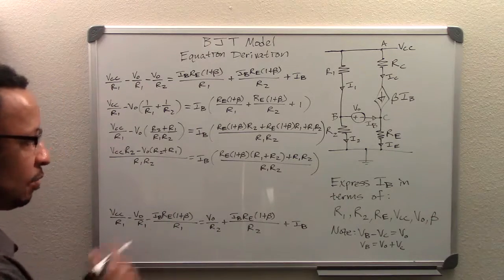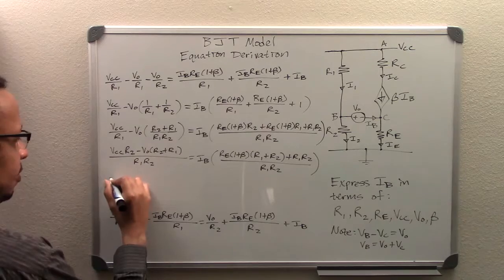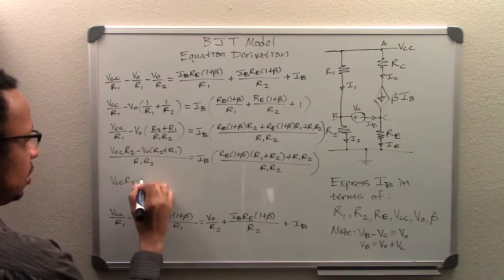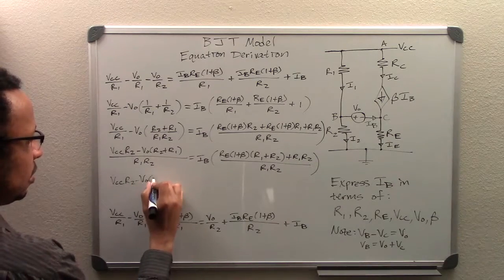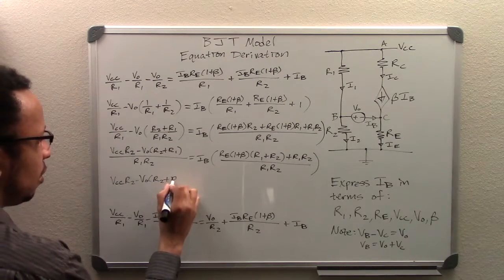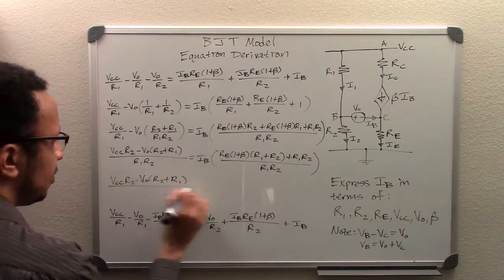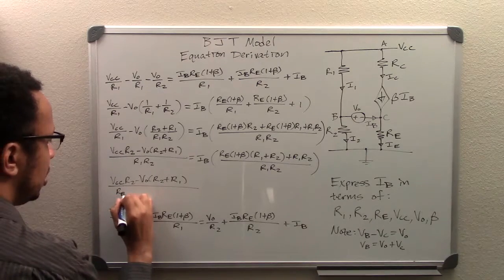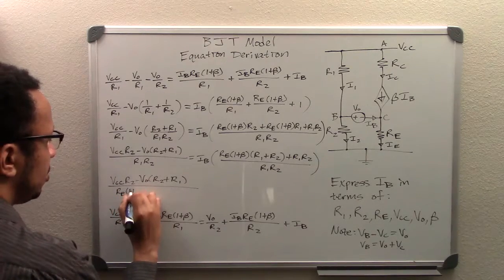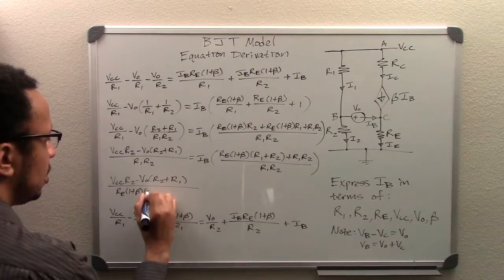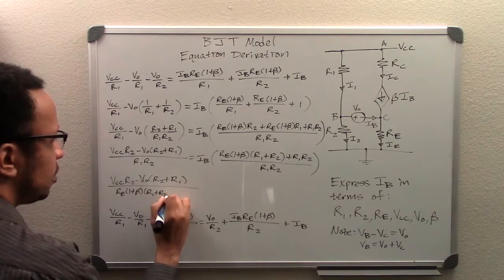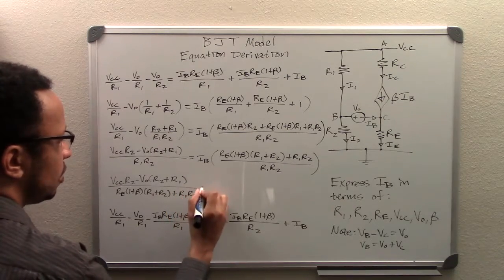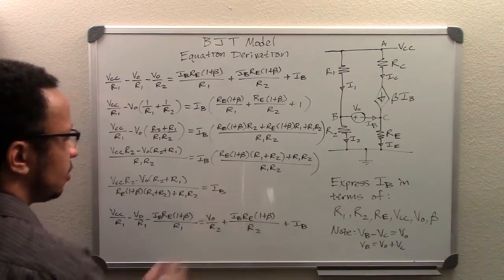And so that's what we'll have in our next step. So now we have VCC times R2 minus V sub 0 times R2 plus R1, divided by all of this, RE times (1 plus beta) times R1 plus R2 plus R1 times R2, equals IB.